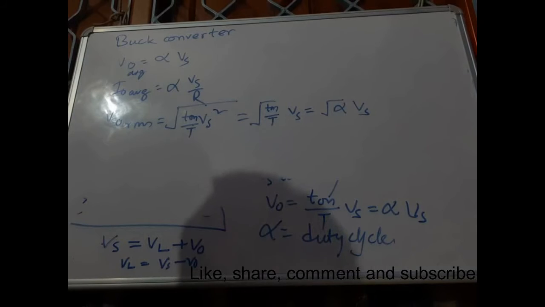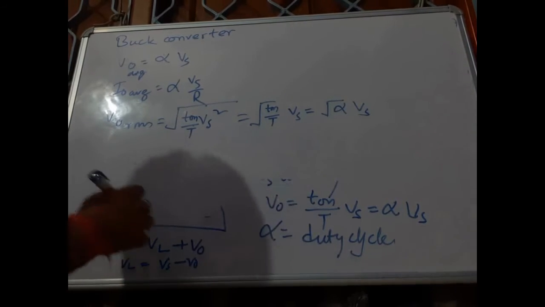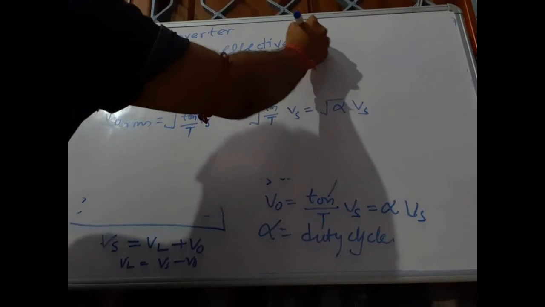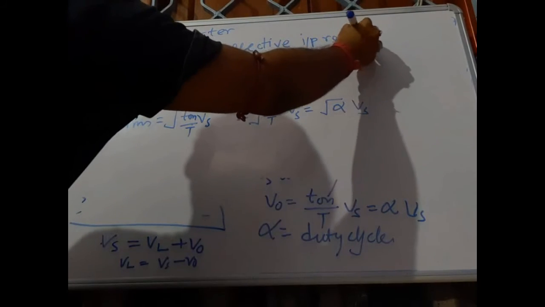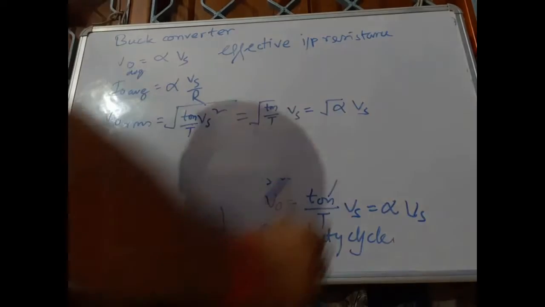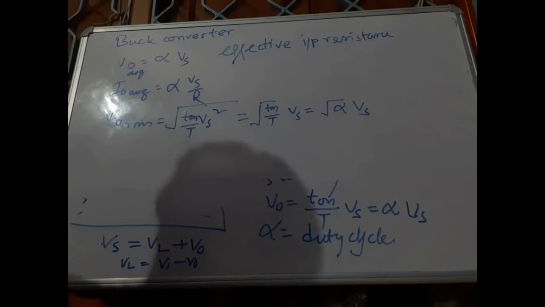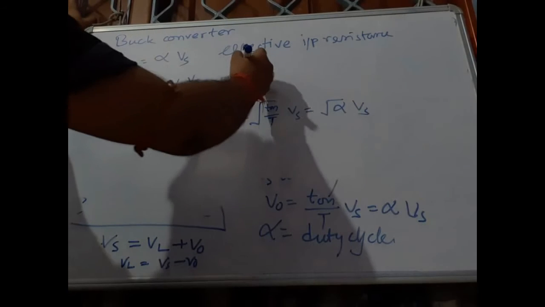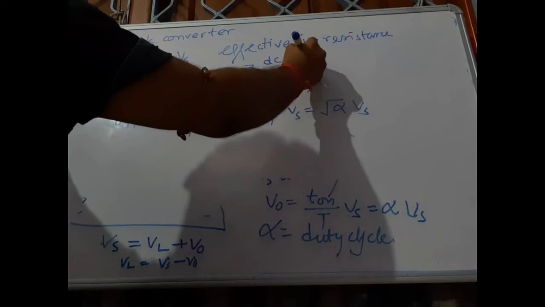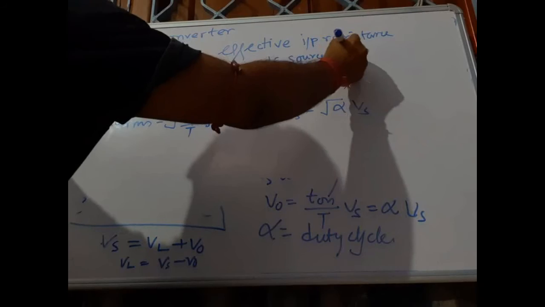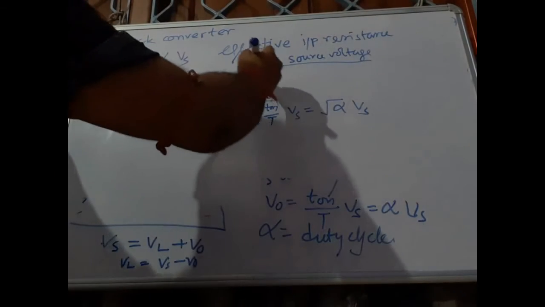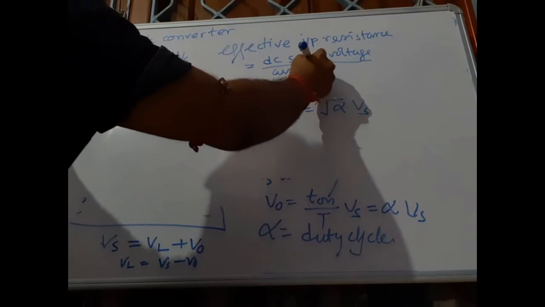Okay, now what we have, effective input resistance. Effective input resistance of the buck converter is DC source voltage divided by average source current.